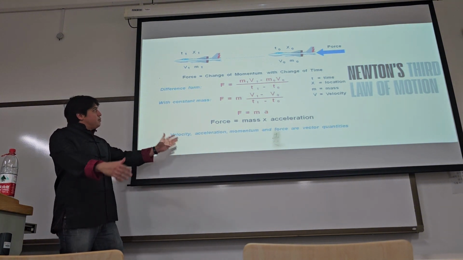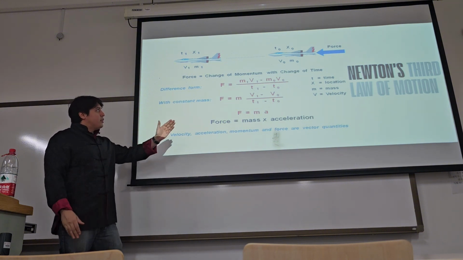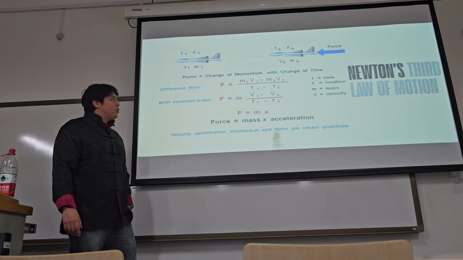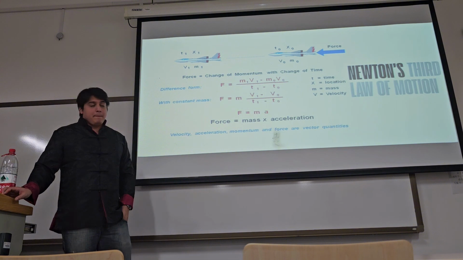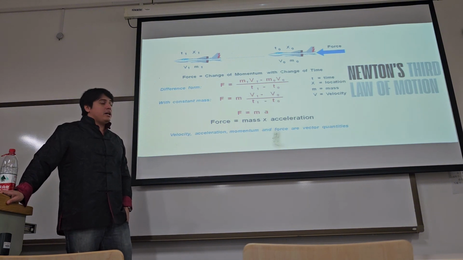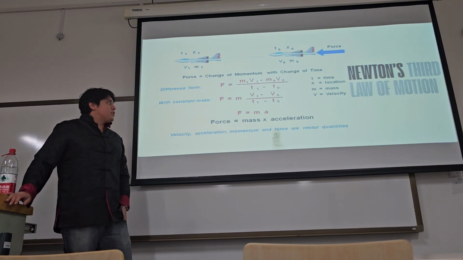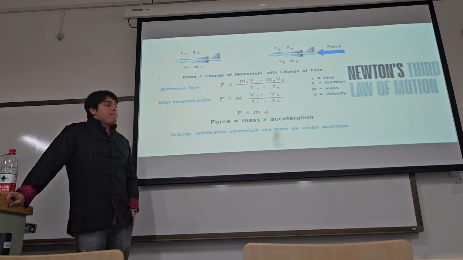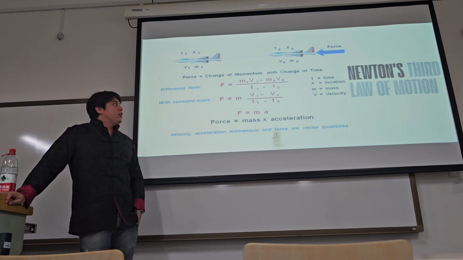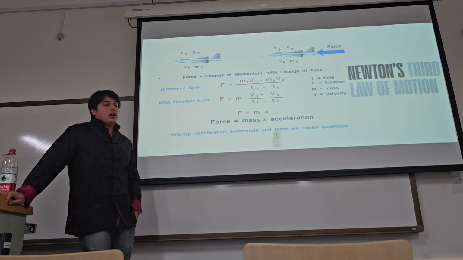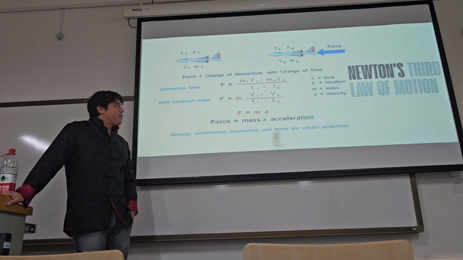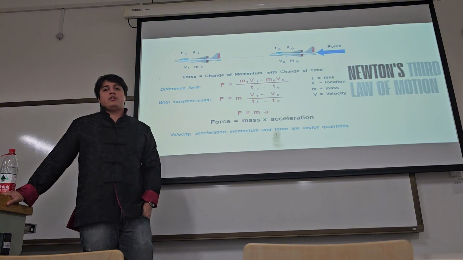The expanded form will be the force is equal to mass 1 times velocity 1 minus mass 0 times velocity 0, divided by time 1 minus time 0, where mass 1 stands for the final mass, velocity 1 stands for the final velocity, mass 0 stands for the initial mass, velocity 0 stands for the initial velocity, time 1 stands for the final time, and time 0 stands for the initial time.